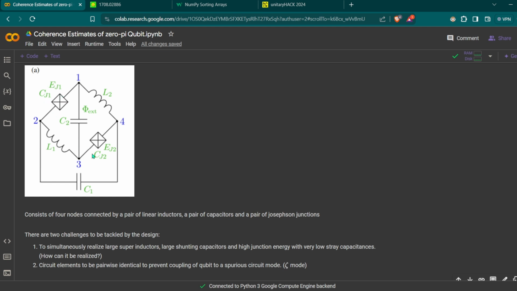Here the CJ1 and CJ2 are the Josephson capacitance, and it's basically saying that the two junctions have their own capacitance. I will later discuss that because of this capacitance and the other capacitance and the inductance, we have some kind of coupling errors which gives rise to the zeta mode.